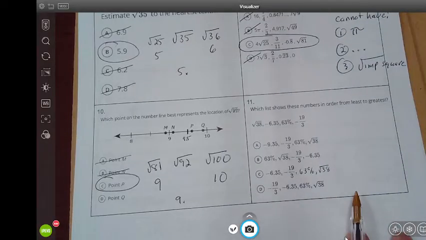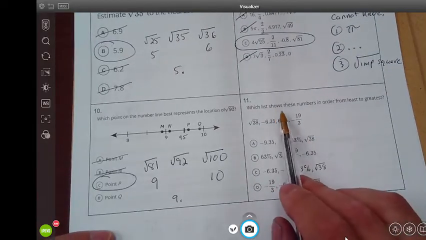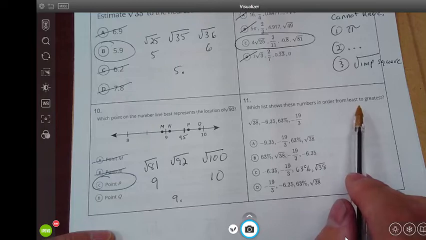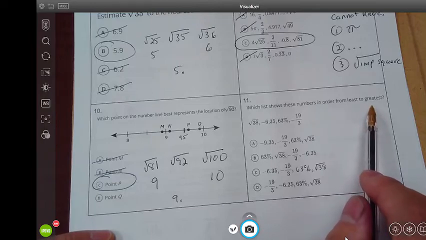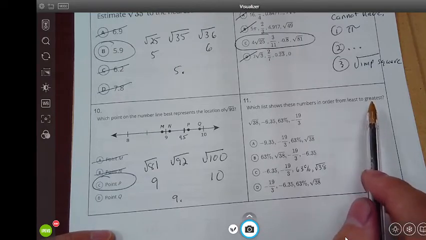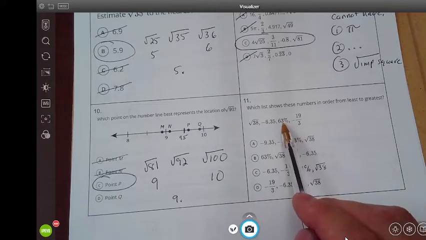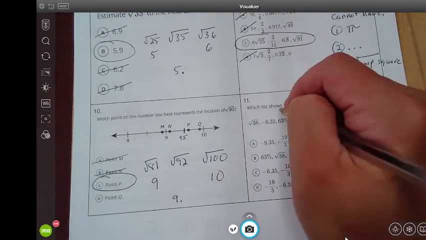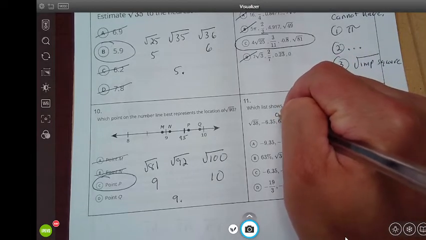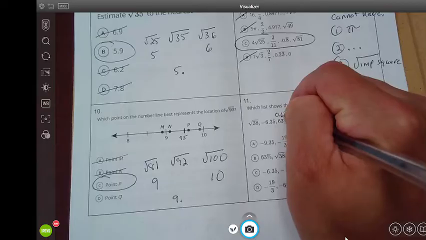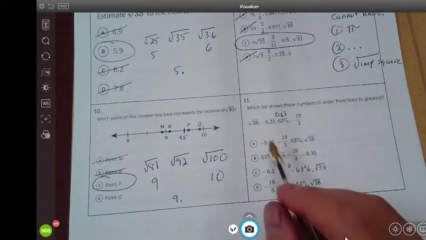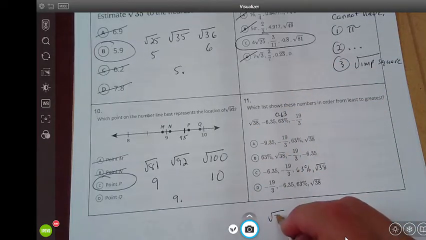All right, number 11. Which list shows these numbers in order from least to greatest? The first thing we got to deal with is let's get decimal numbers for some of these. I see the 63%. Let me go ahead and write 63%. We know that is 0.63. Square root of 38. Let's go ahead and estimate the square root of 38.